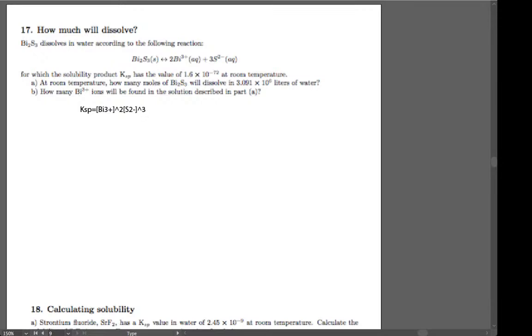The first thing I'm going to assume is that 1.6 times 10 to the power of negative 72 would equal, since almost all of it would tend towards the left hand side.